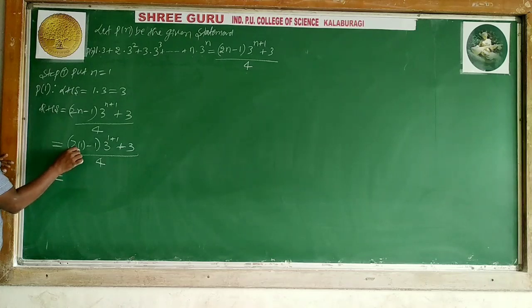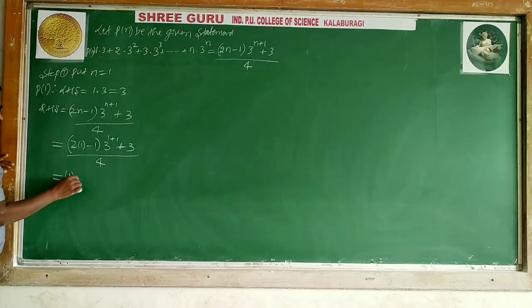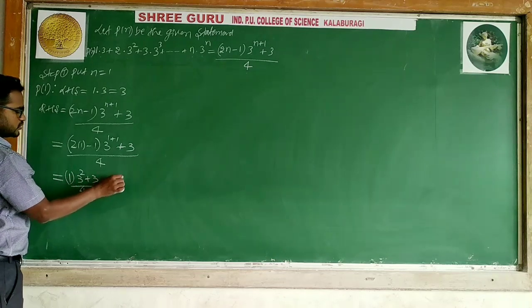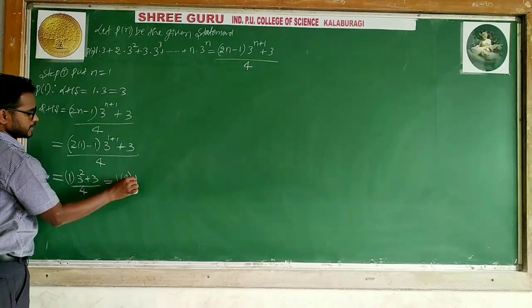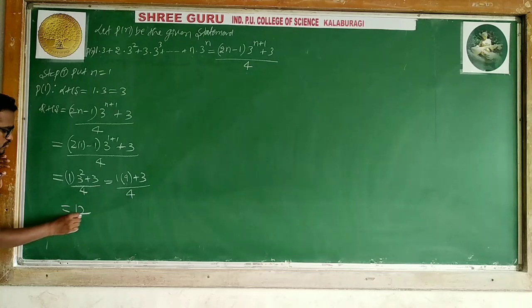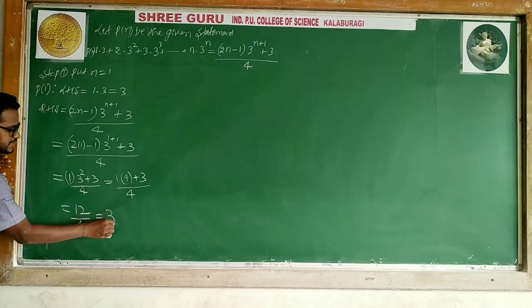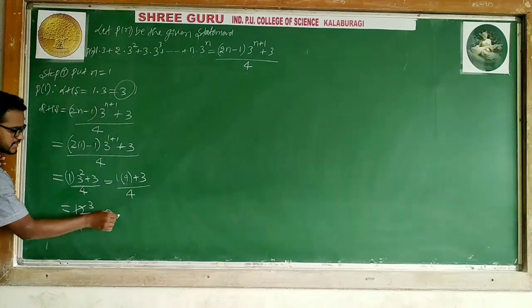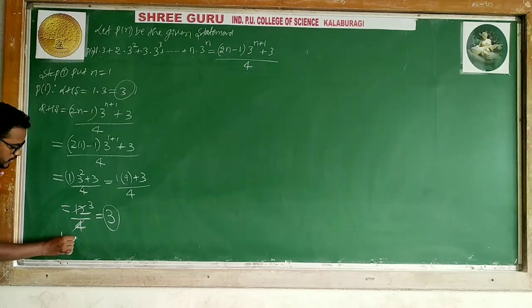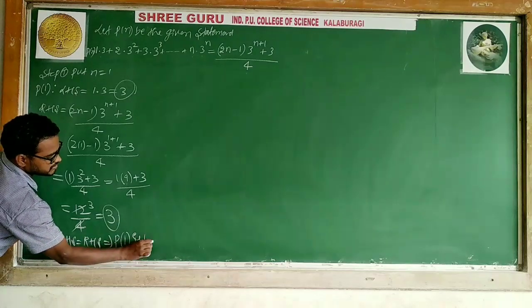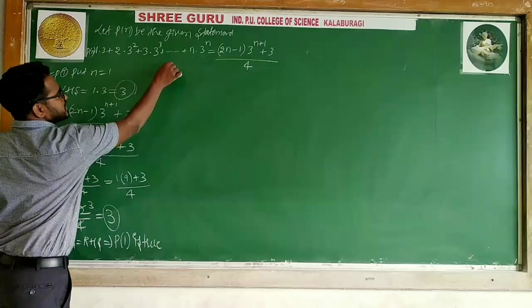So 2 into 1 is 2, 2 minus 1 is 1 only. 3 to the power 2, 3 square, plus 3 divided by 4. 1 into 3 square is 9, plus 3 divided by 4, means 9 plus 3 is 12. 12 divided by 4 will give 3. LHS is also 3, RHS is also 3, LHS is equal to RHS. What happened? P of 1 is true. This is over for this.